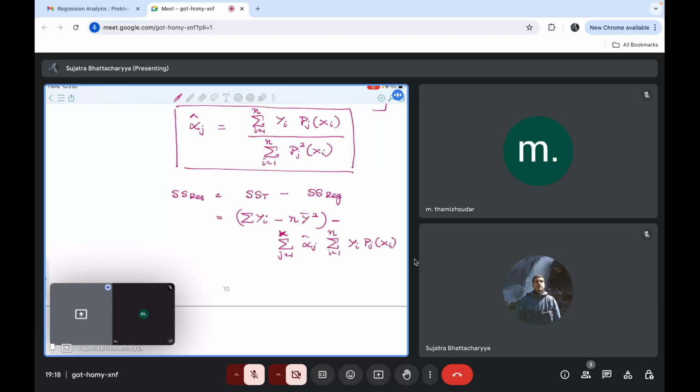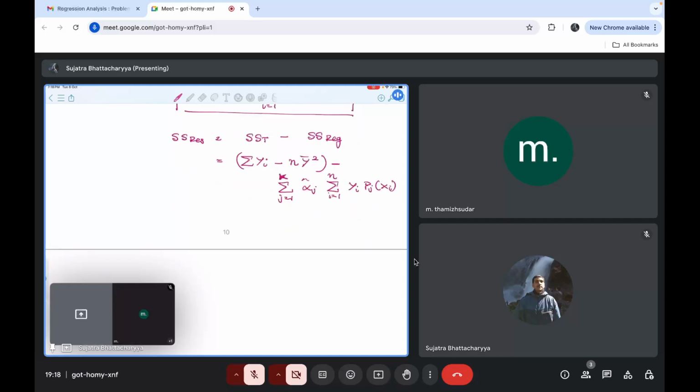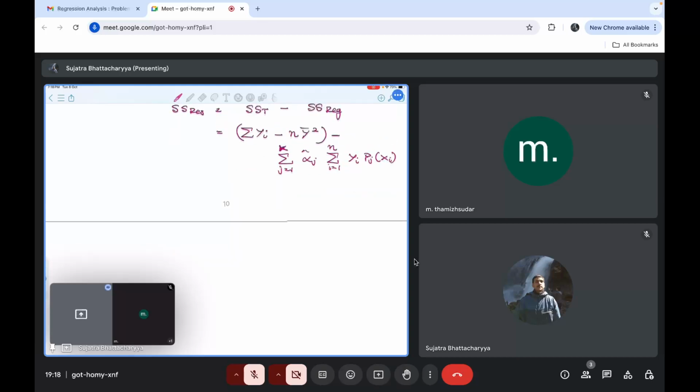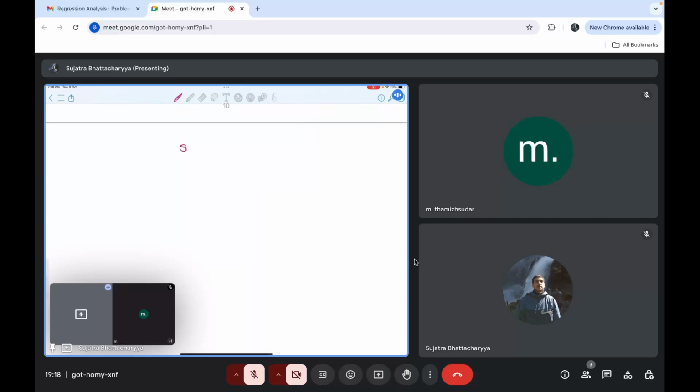This is how SS residual can be calculated. But if you have to calculate SS regression of each individual alpha, then you write it as alpha j hat times the summation of i going from 1 to n of pj xi into yi.